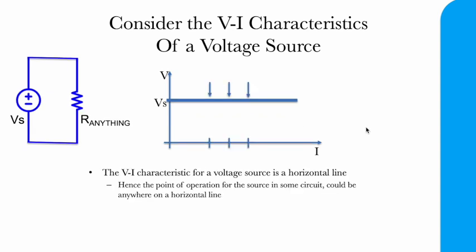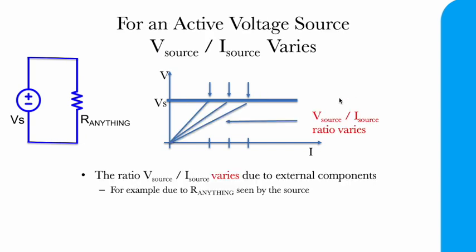Now, the point of operation of the voltage source could therefore vary. In one case, it might be operating here with this current, or here with another current, or here, anywhere along that horizontal line. That means that the ratio of voltage to current for that source is going to vary, just as the slope of these lines varies.